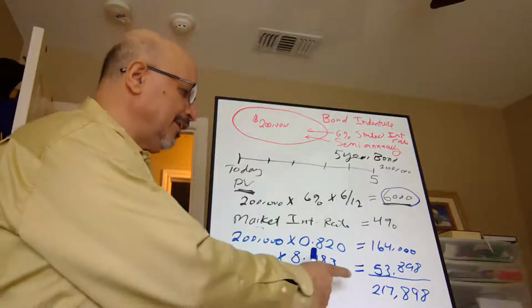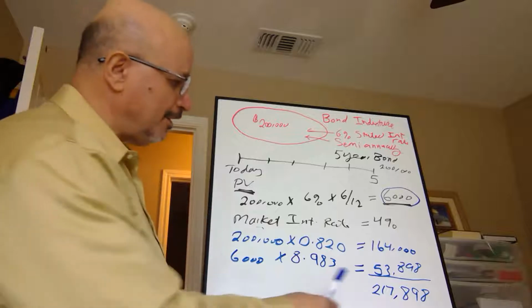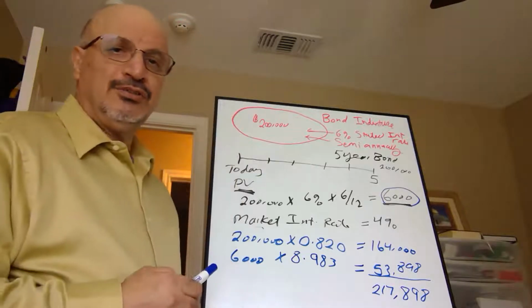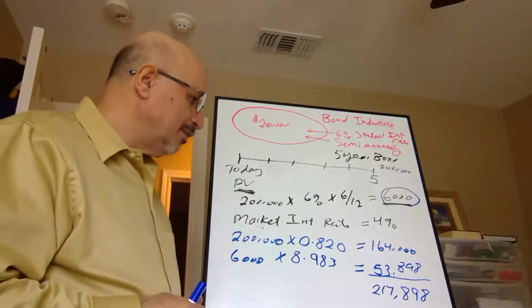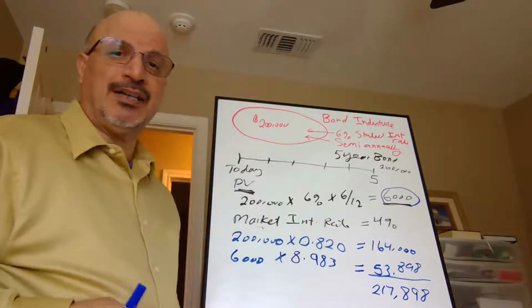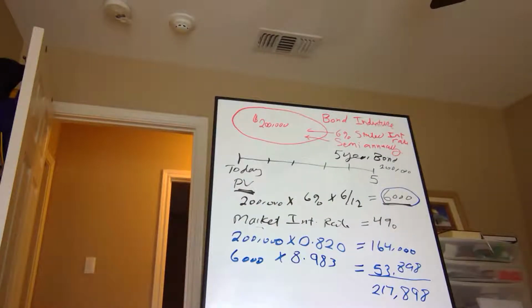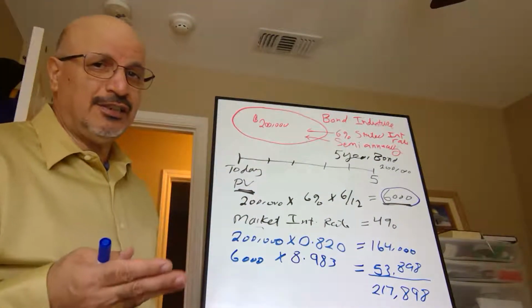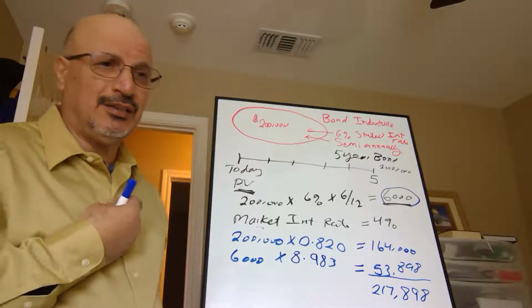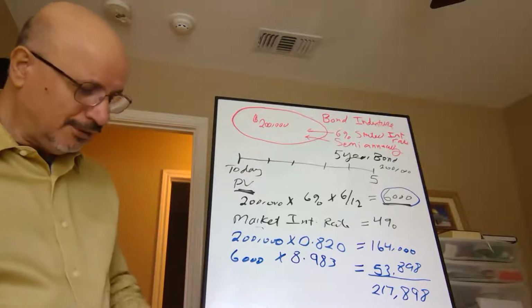We are collecting an additional 17,898 on top of the $200,000 because we raised the price of the bond. Now remember, guys, even though we're collecting additional funds here, it will have an effect on the interest expense that we recognize in the income statement.